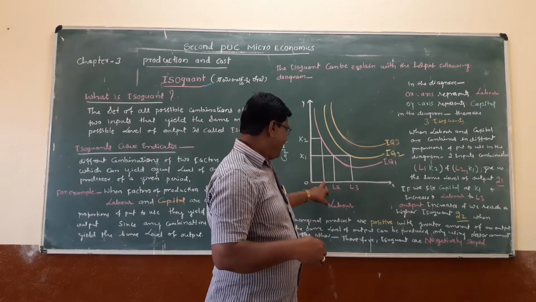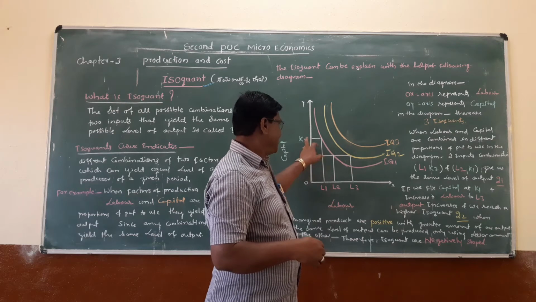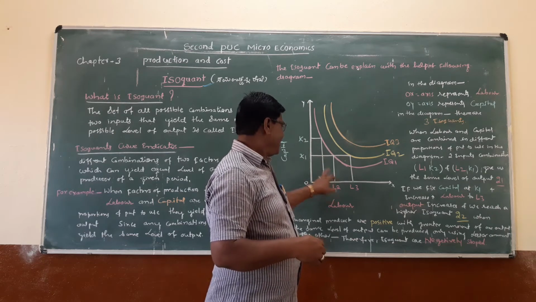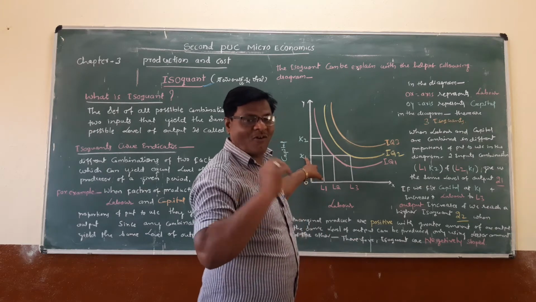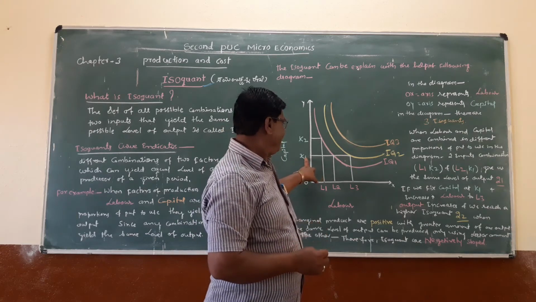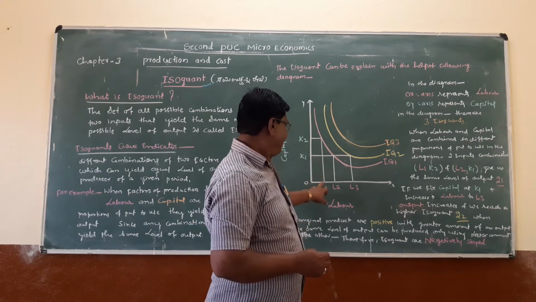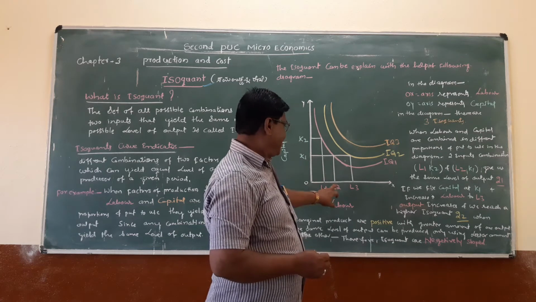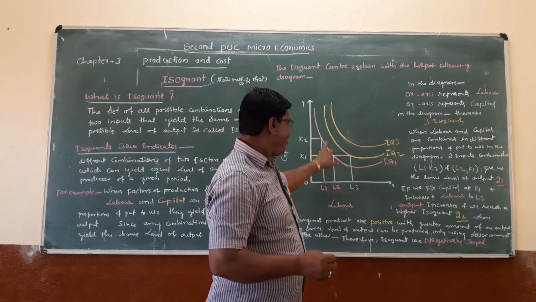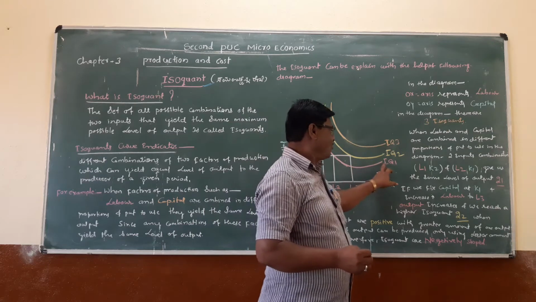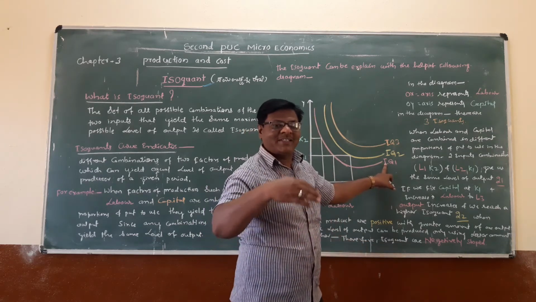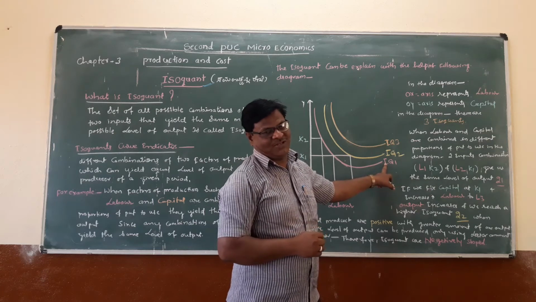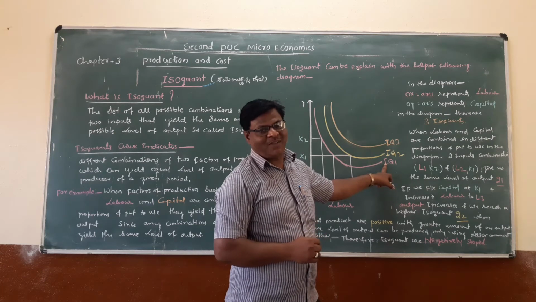K2 and L1, or L2 and K1, give the same level of output, because K2 and L1, and K1 and L2 are on isoquant curve 1. They give the same maximum output.